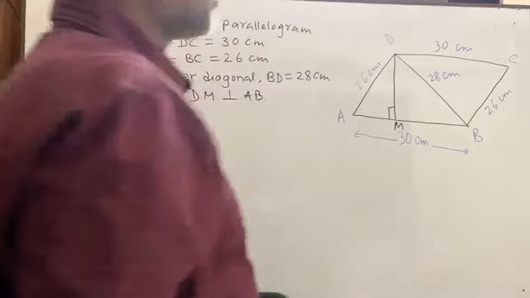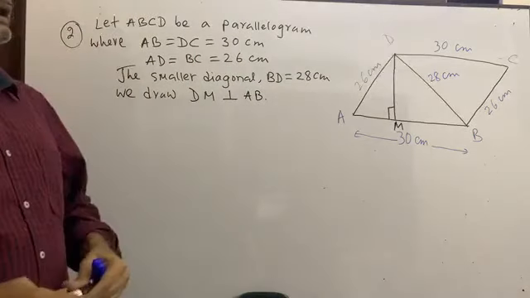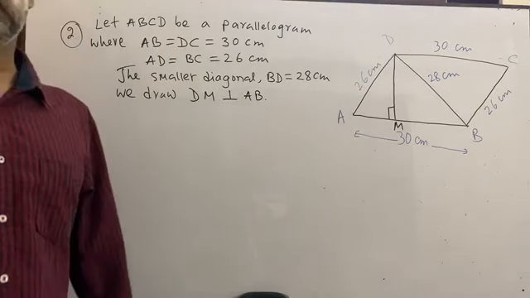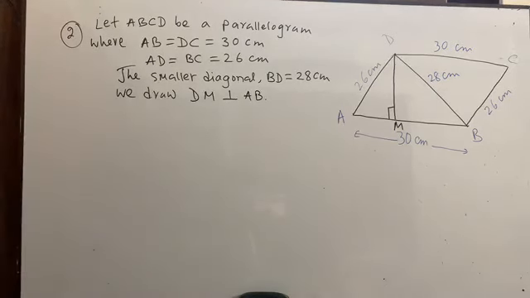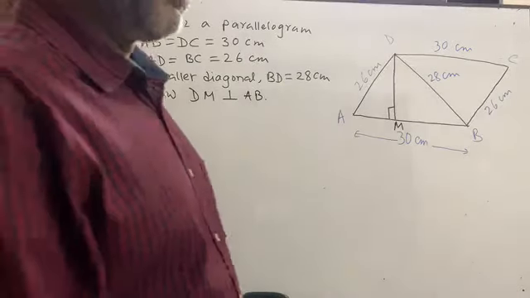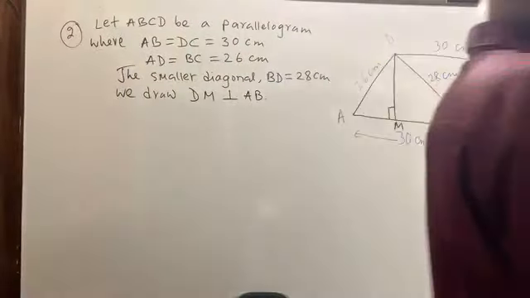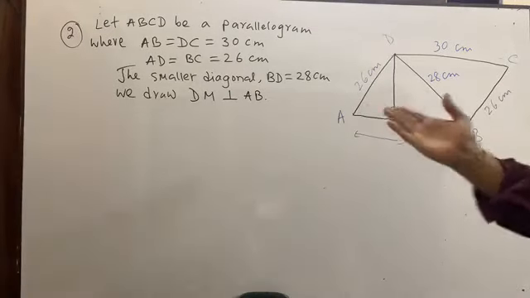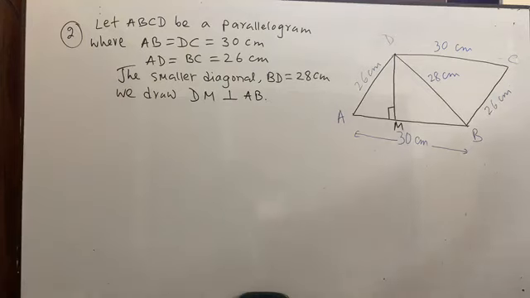Now, if it is possible to determine the length of DM, then our math is done. Then what will be our main target now? Our main target is to determine the length of DM. Please see the figure and try to understand.